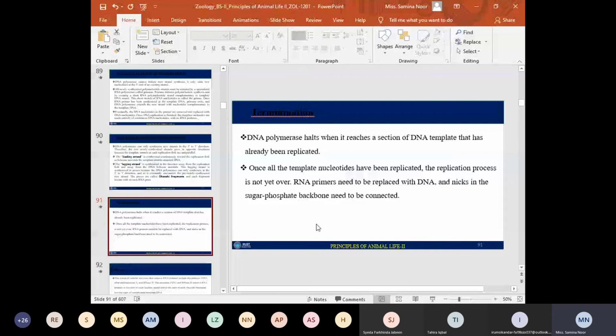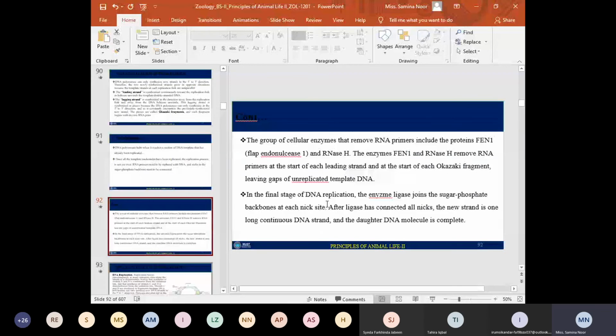The enzymes involved in the removal of the RNA primers are known as flap endonuclease 1 and RNase.